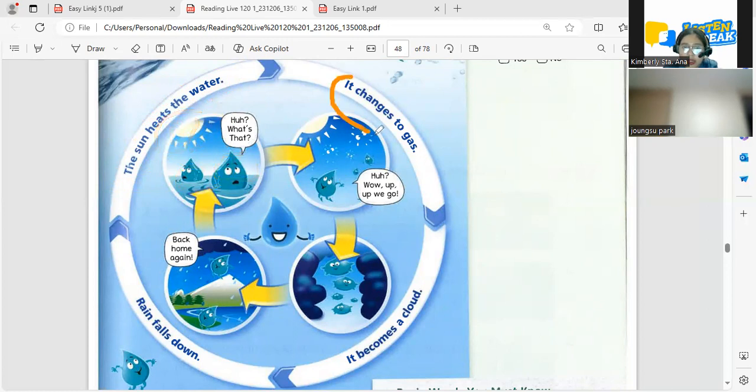Then what will happen? It changes to gas. Look, when it's very hot, the water will change into gas. It will go into the air. And then what happens next? It becomes a cloud. It will become a cloud up in the sky. And then what happens next?